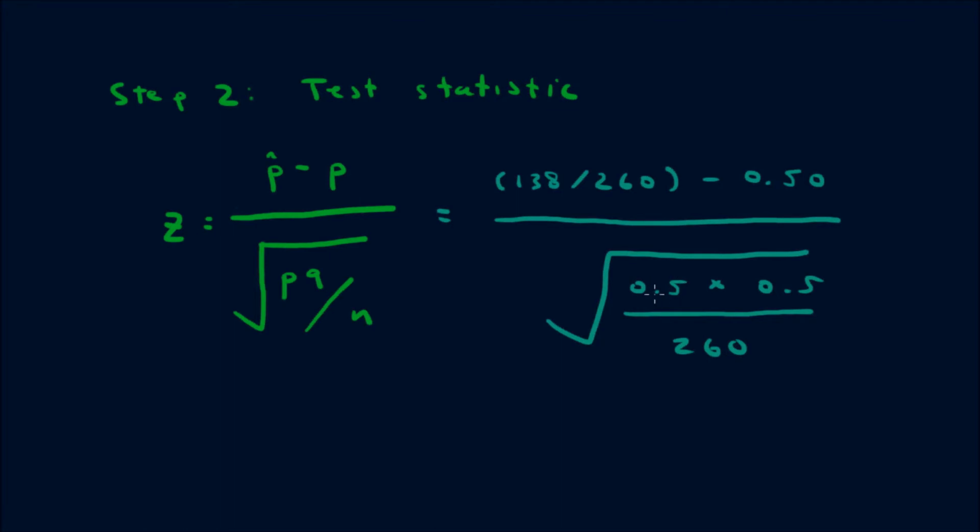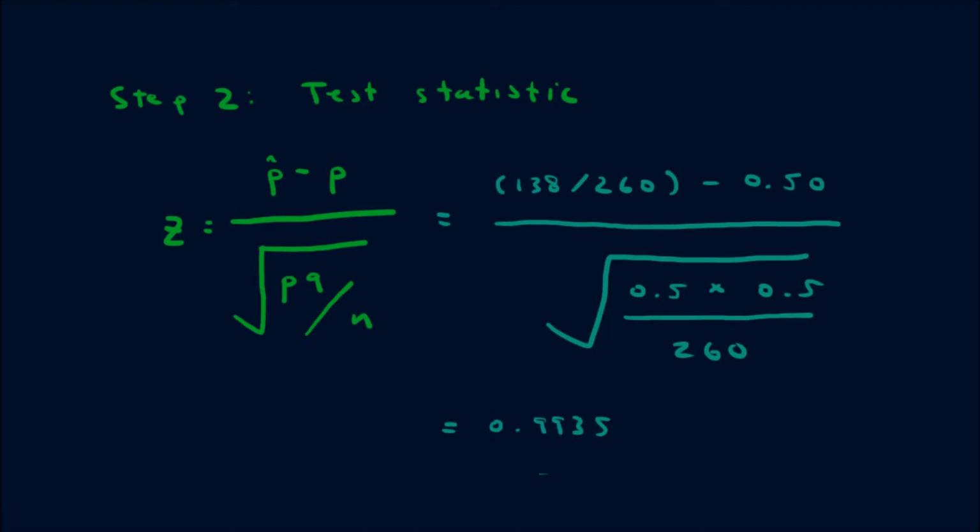So again, P and then Q is just 1 minus P, so they both end up being 0.5. And I believe this gives you 0.9935. So that is the test statistic. I'll put an interpretation of this in the description of the video.